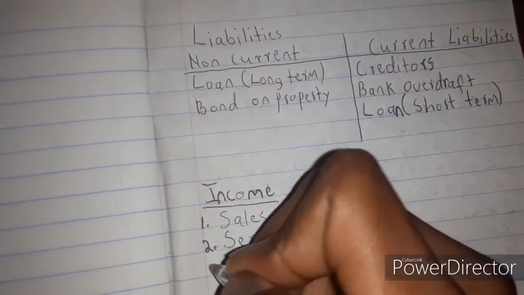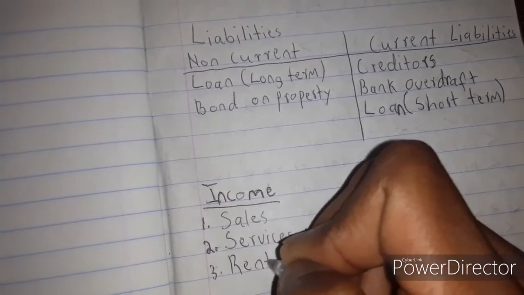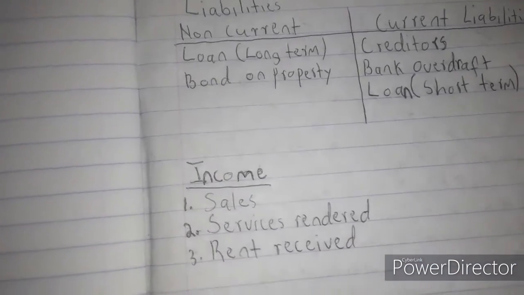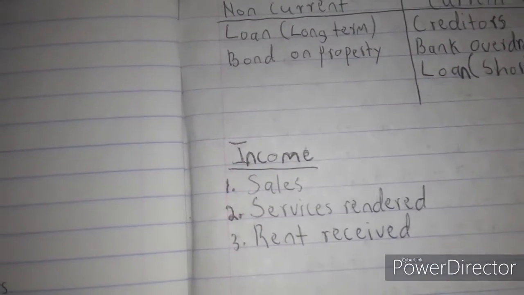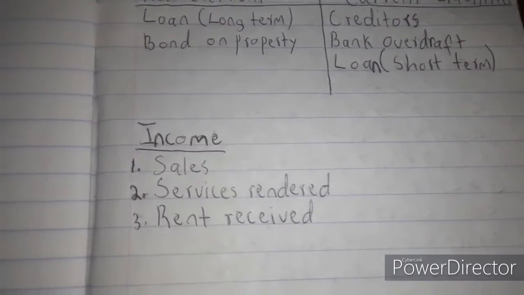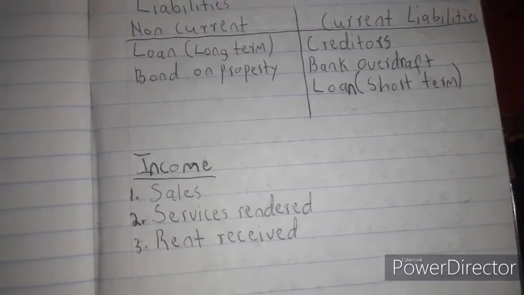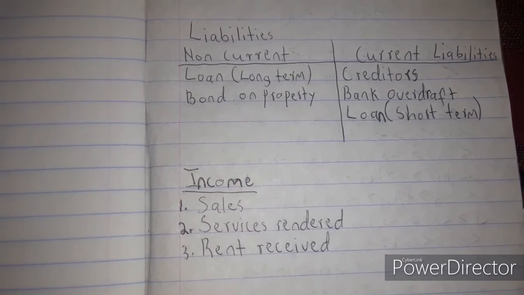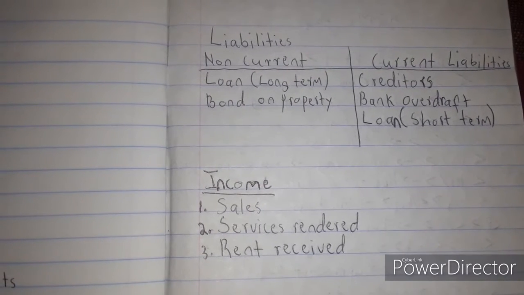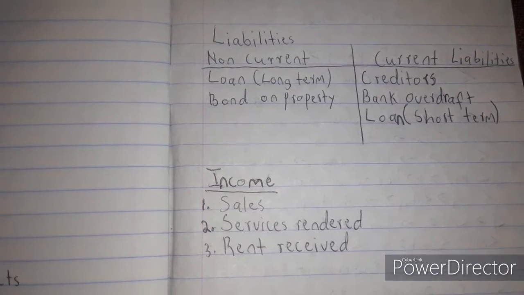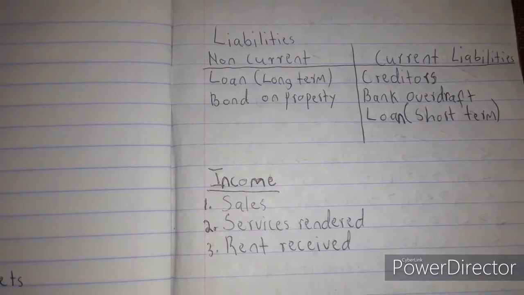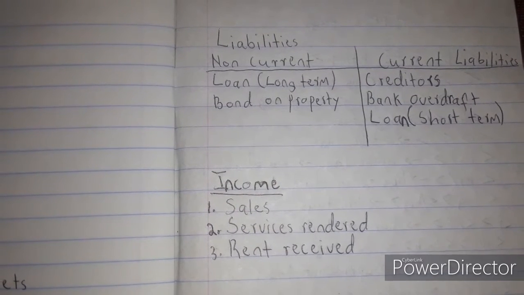Then income number three is rent received. Rent received is the amount of money that a business receives for renting out assets of the business. For example, when you have flats and you are the owner of the flats, you have tenants and you receive rent from them.